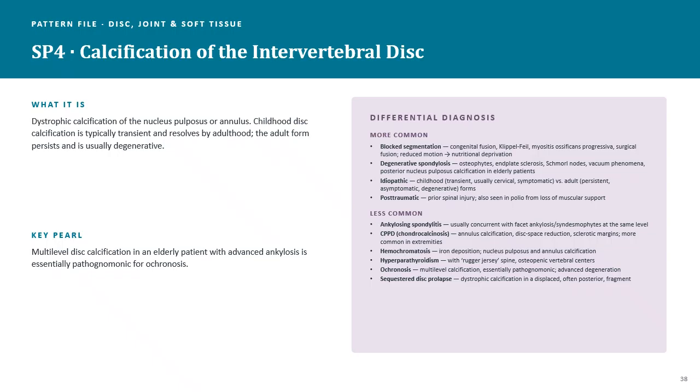All right, the bottom line here is if you see disc calcification, that means that there's some sort of calcium that's starting to deposit within the cushions between the vertebrae. In a child, it can be temporary. In an adult, again, we're going to start to think about degeneration, degenerative disc conditions.